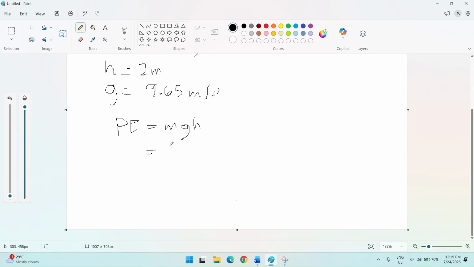For m is 600, for the gravitational acceleration is 9.65, and the height is 2 meters.